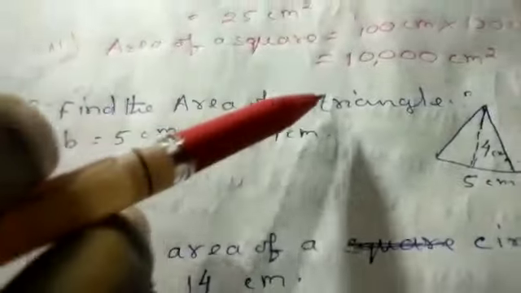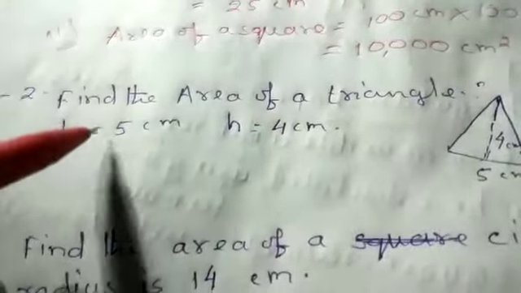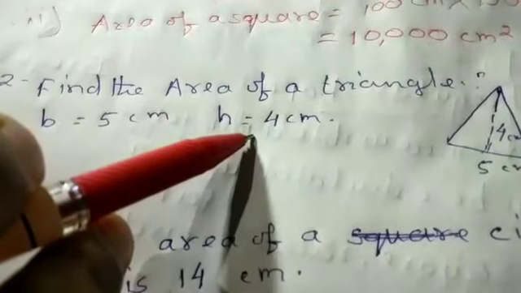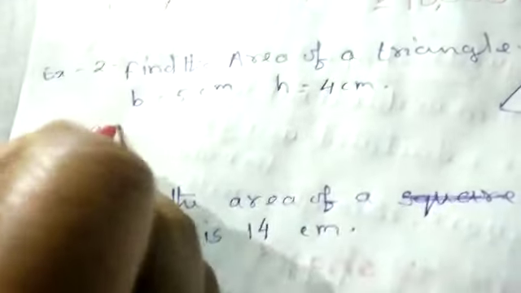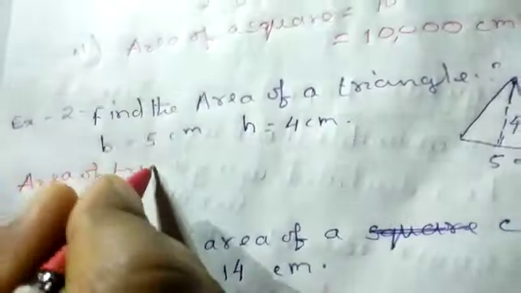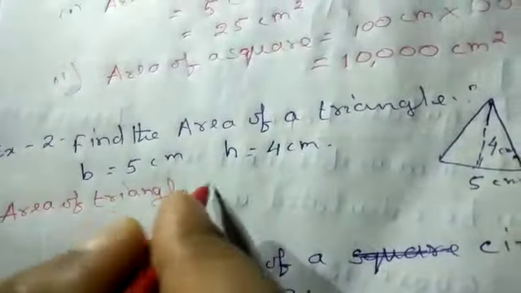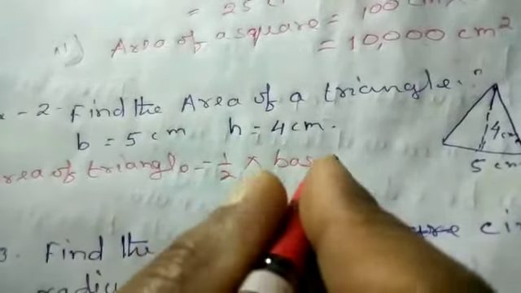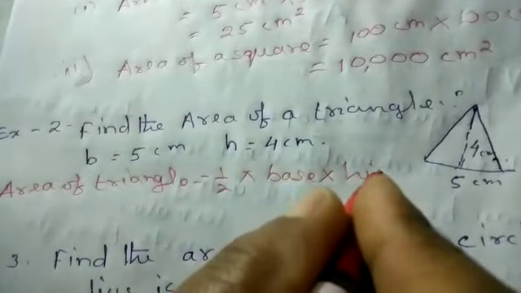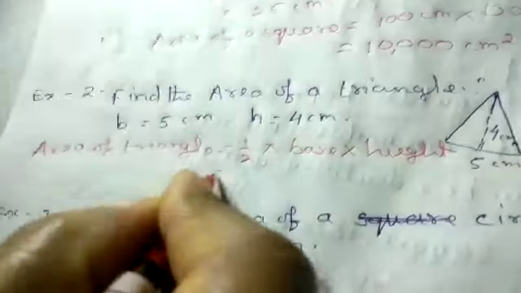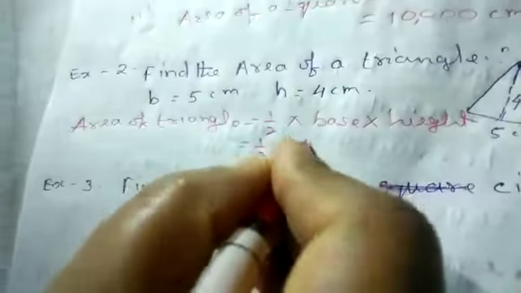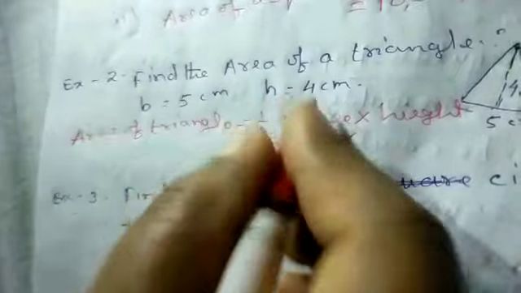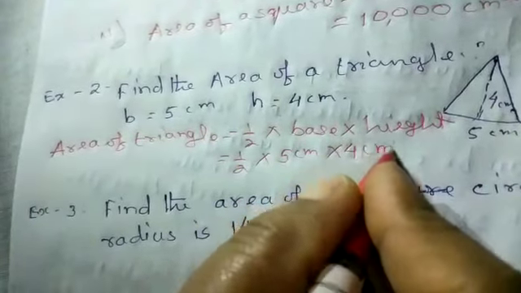Now find the area of a triangle whose base is 5 centimeter and height is 4 centimeter. So the area of a triangle equals half into base into height, that equals half into 5 centimeter into 4 centimeter.